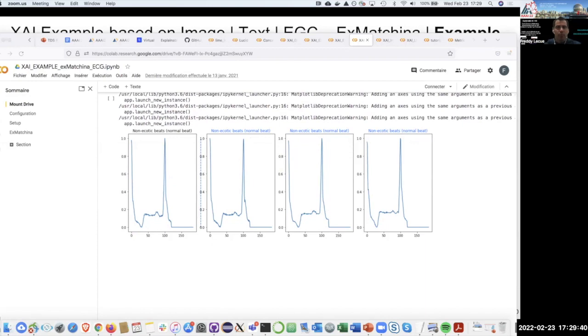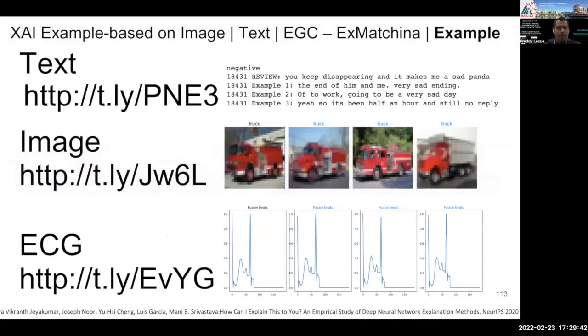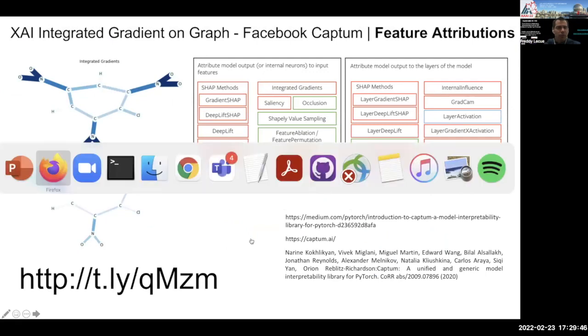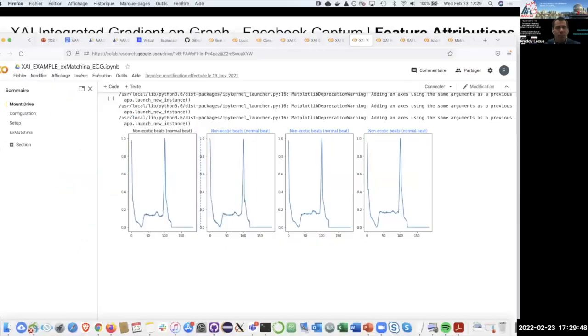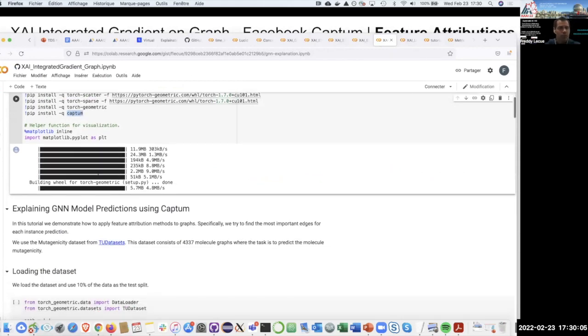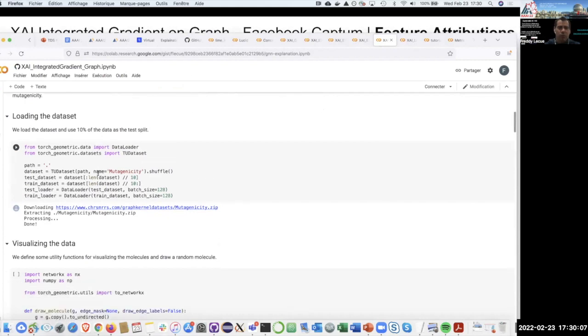Okay, I'll move to the one on graphs. That's the one where I've been using Captum, the Facebook library. So this is the Captum library that you use, and we use the Torch library here. You need to download the data.